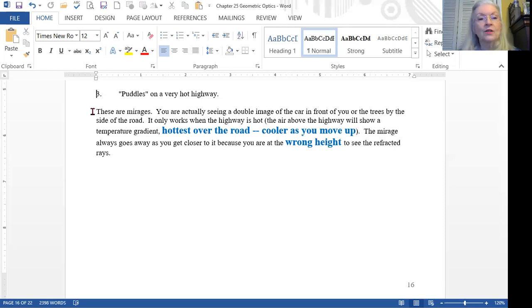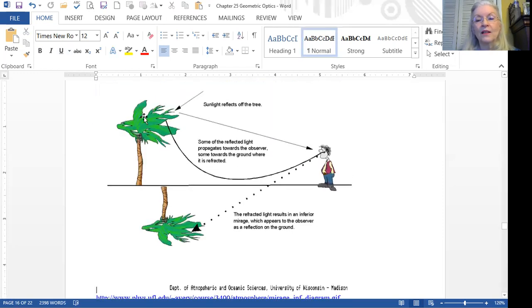When you get closer, let's back up to this previous example. When you're standing right here, you can see both images. But if we take our little man and put him right here, you would see one of the arrows, but you would not see the other because you're physically in the wrong place.